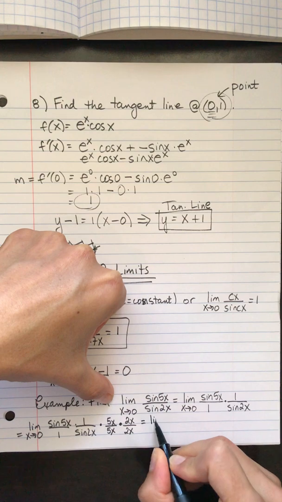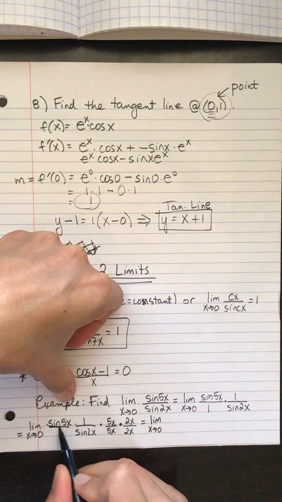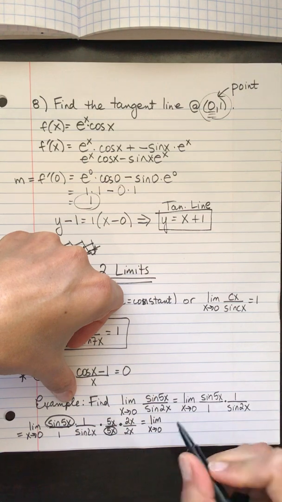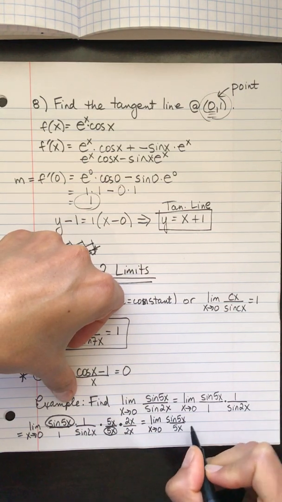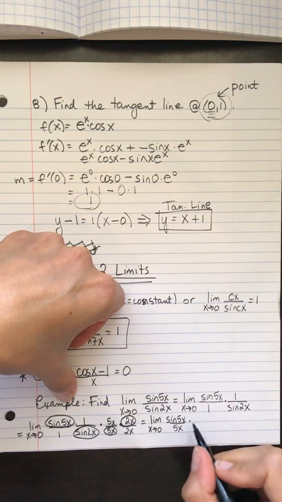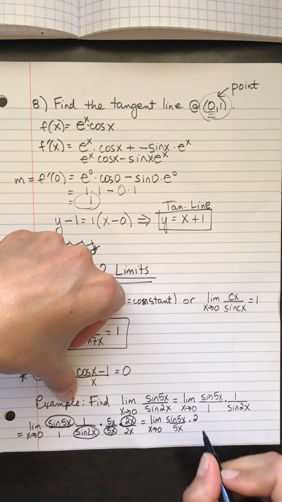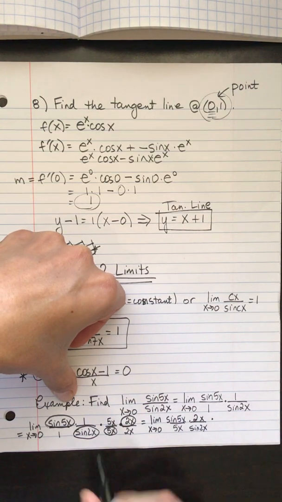So I'll have limit as x approaches 0 of sine 5x over 5x times 2x over sine 2x, times whatever I have left over.